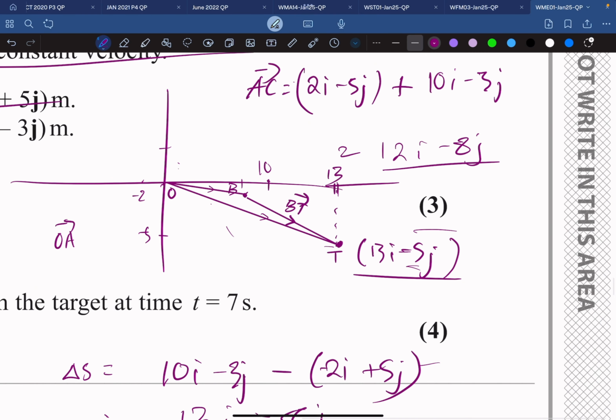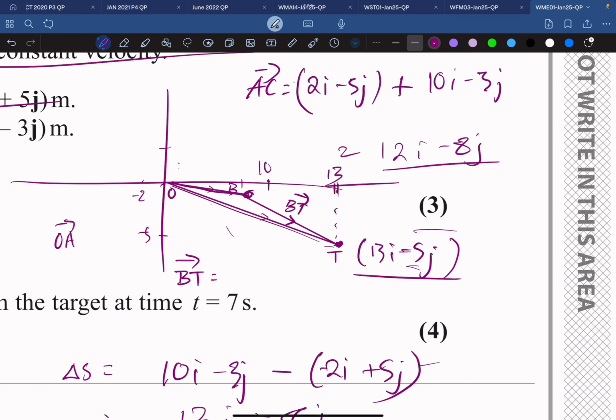How do we find out BT now? Well, from B to T, how do we go from B to T? We could just go from B to O and then O to T. Simple. I mean, of course, we could just go from B to T directly, but what we're trying to do is find an alternate way to get to T. So BT is going to be BO.